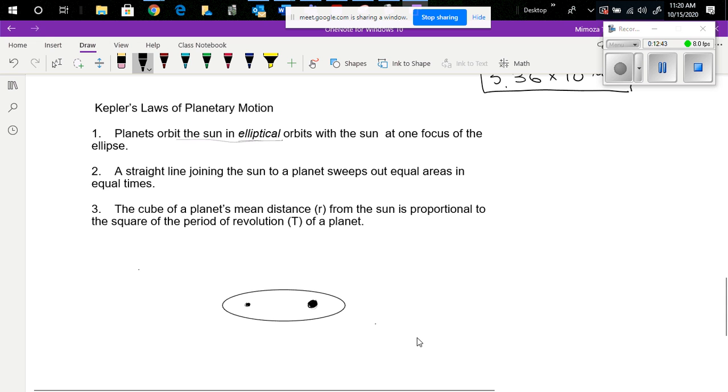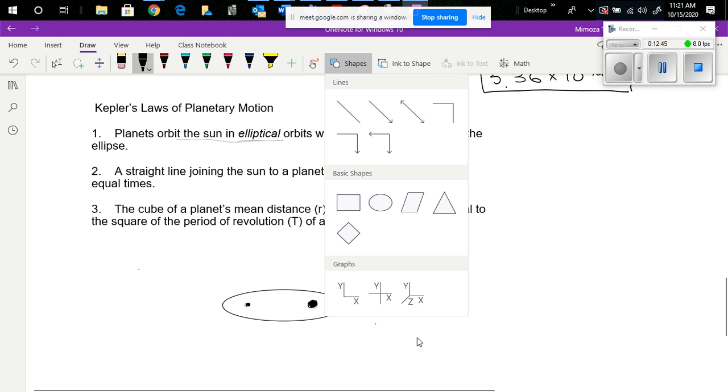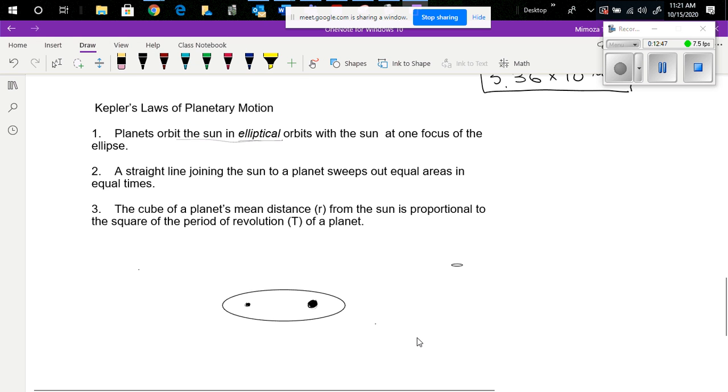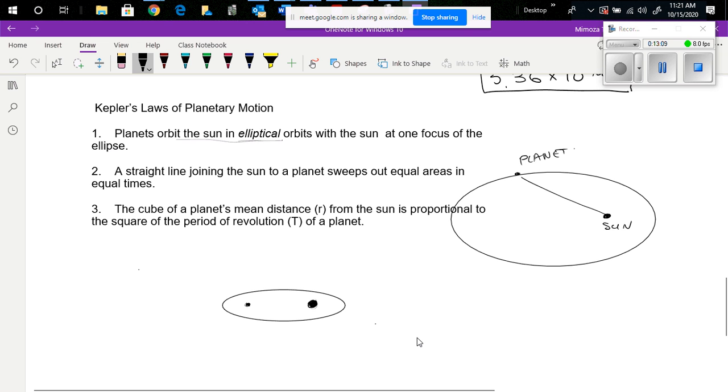So let's suppose that I will draw a different, bigger one, so that we can see. Let's say that the sun is here, and then you have a planet here. Any planet, doesn't matter which planet it is. The straight line joining the sun and the planet sweeps out equal areas in equal time.